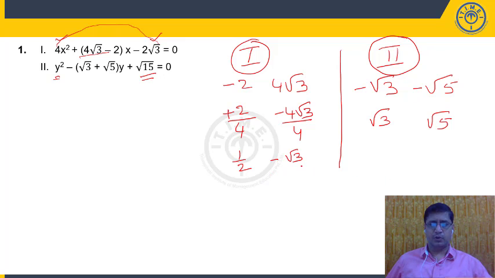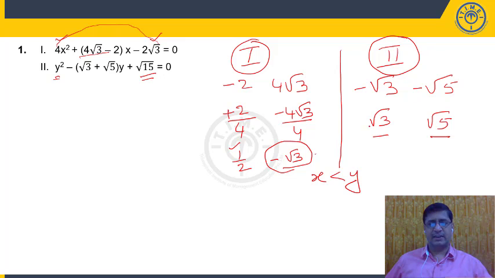Now we need to compare the roots. One of the x values is negative and the y values are positive. A negative value is less than a positive one, so x is less than y. What about the second value, 1/2? √3 is about 1.7, and 1/2 is 0.5, so it is less than 1 while √3 is more than 1.